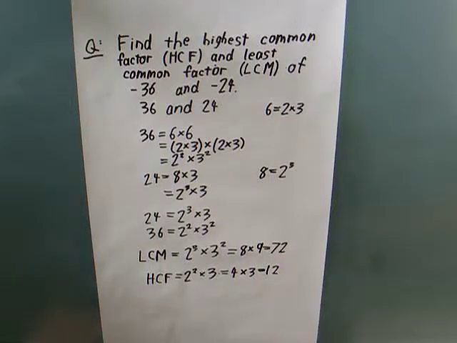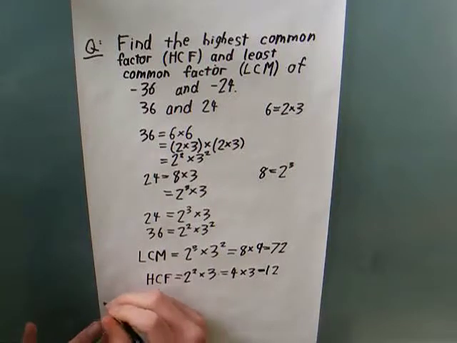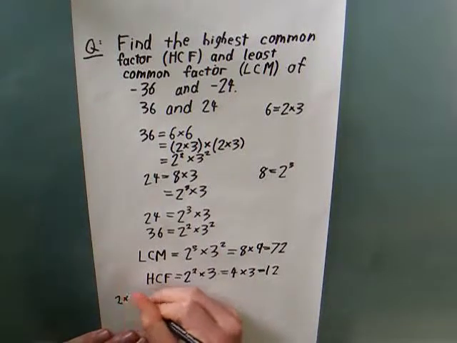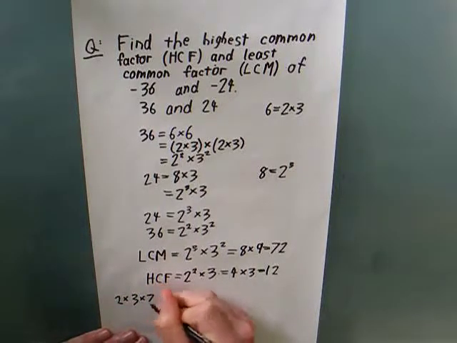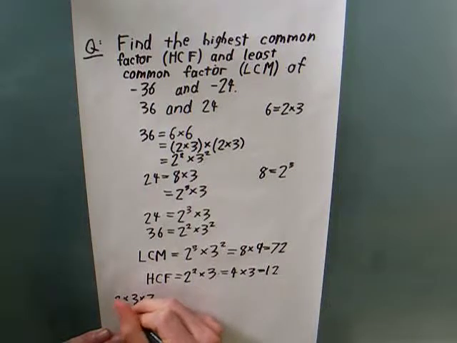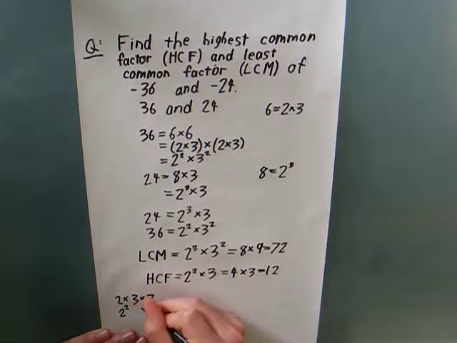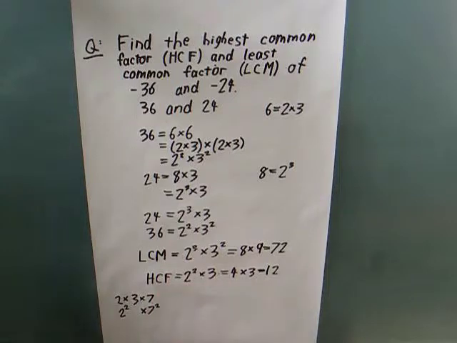But something kind of special happens if you have a prime that's missing from one of those. So say I had two numbers, one was 2 times 3 times 7, and the other, remember to line up, was 2 squared times 7 squared.